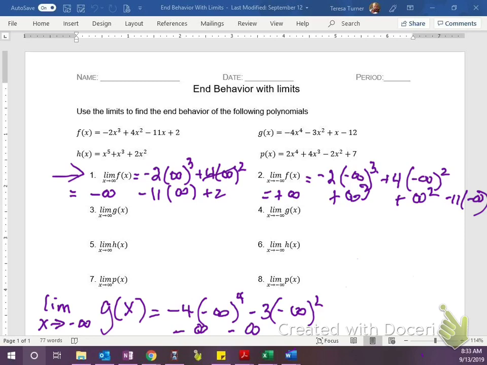And then we have plus x, which is negative infinity, so it's more negative. And then we're going to subtract 12, so we're going to go a tiny little bit more negative. So x approaches negative infinity, going negative. G of x is approaching negative infinity.